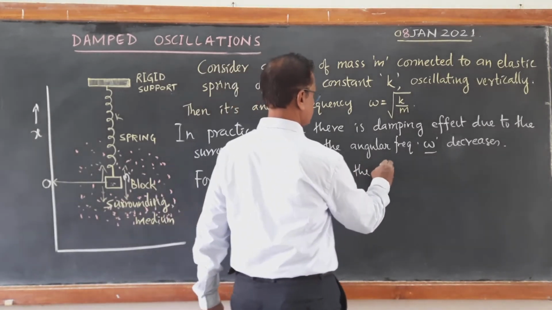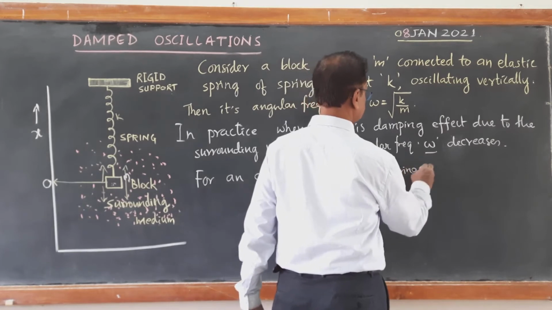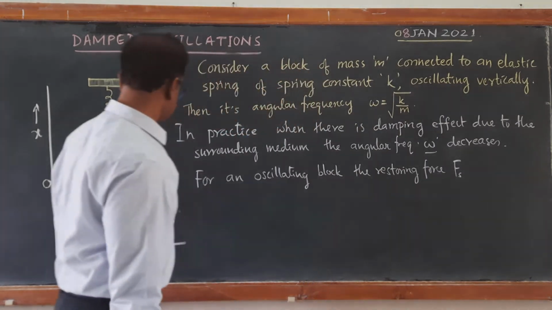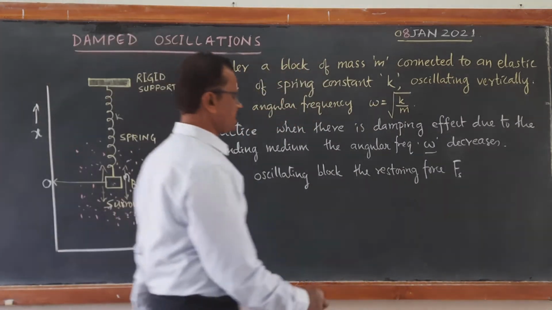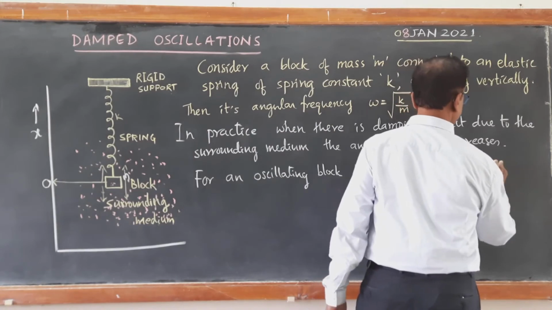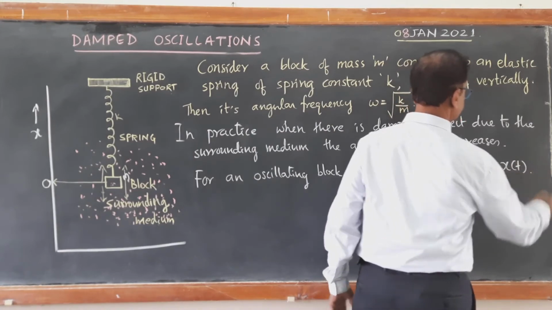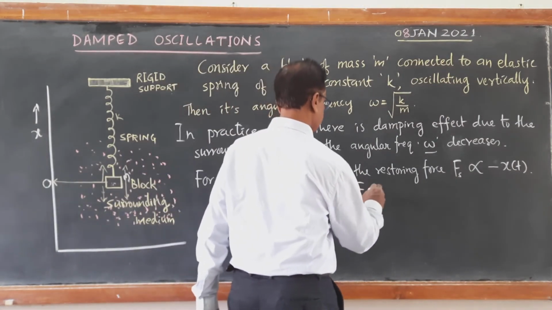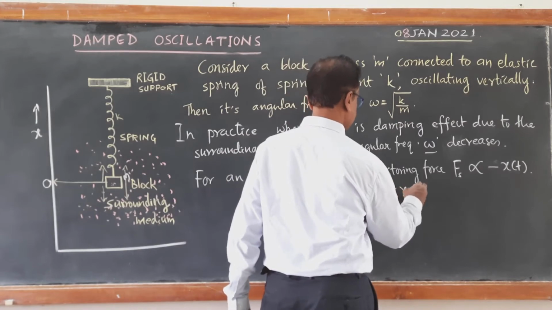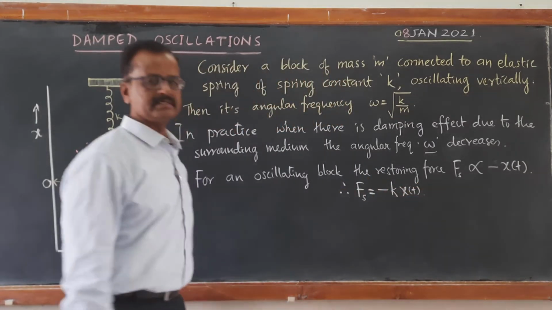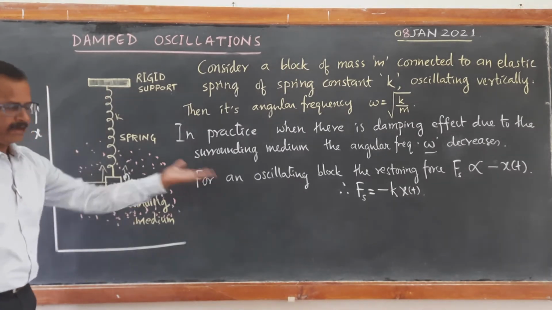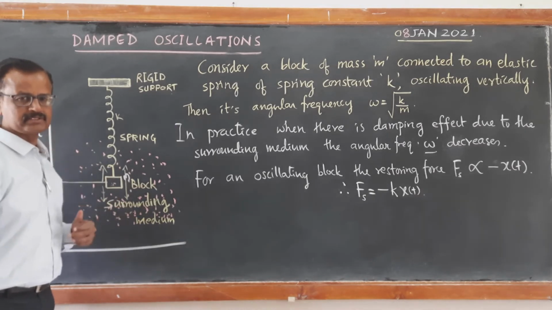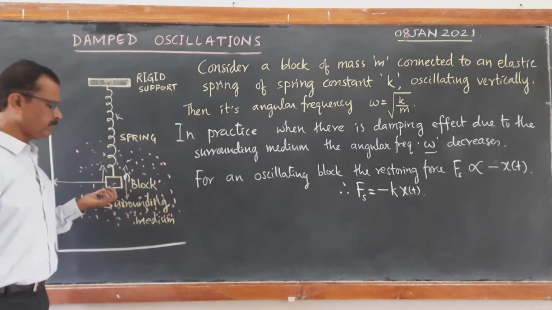The restoring force, which I write as Fs, in this case the spring force, is directly proportional to the negative of displacement, which we have already studied, and therefore it is given by Fs equals minus kx(t), where x(t) is the displacement. So this is already opposing the free movement, opposing the oscillations, and has a tendency to bring it to the mean position.